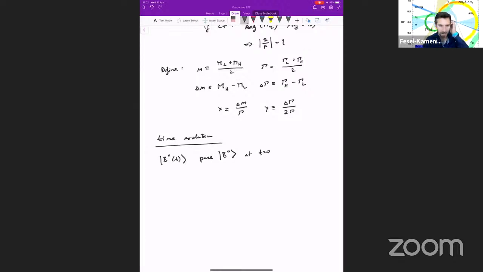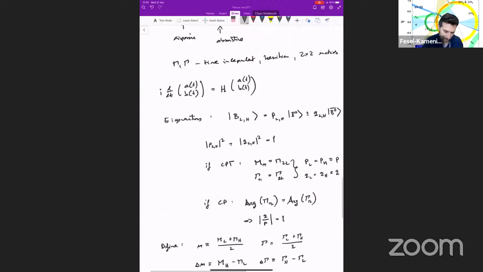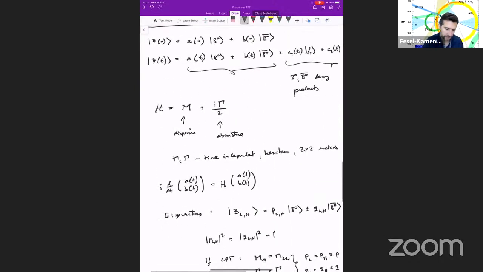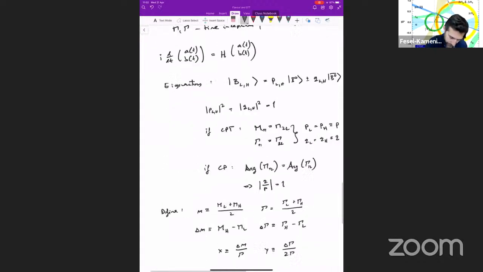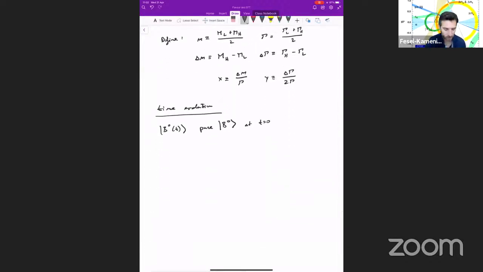So basically taking in the above time evolution, this is taking B of 0 equals 0, okay? And A of 0 equal 1. And similarly, we will define the time evolution of B⁰ bar as the evolution of a state which is a pure B⁰ bar state at t equals 0.